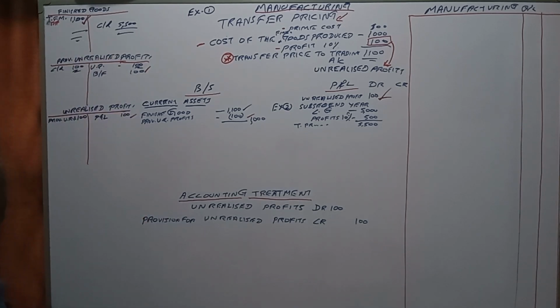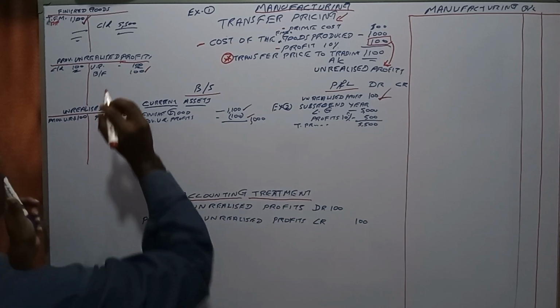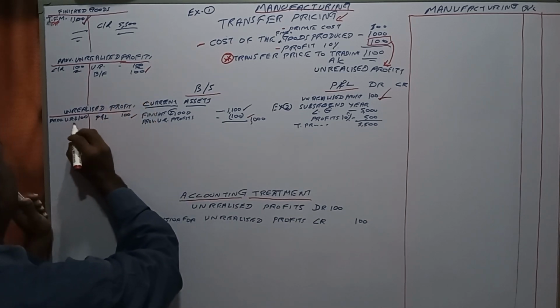5,500 in the sense 500 has to be charged. Then you will charge 500 unrealized profit.